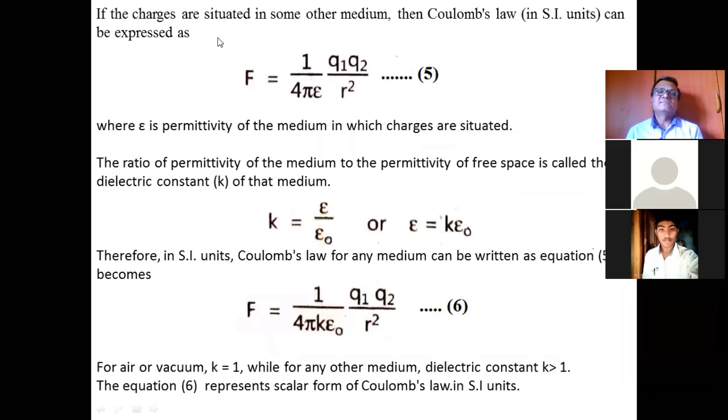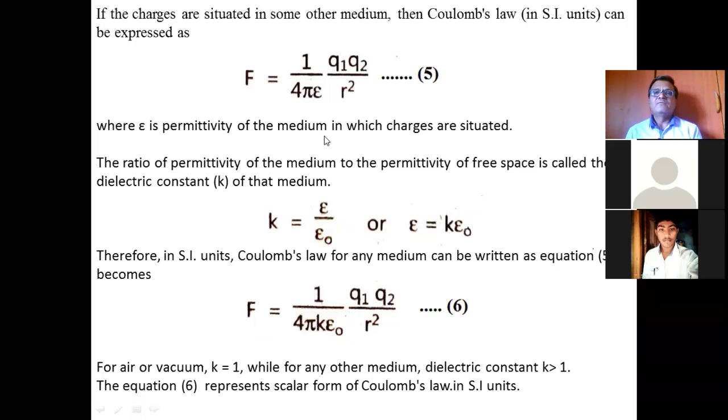In the other case, if the charges are situated in some medium, whereas previously we considered the charges situated in air or vacuum, then Coulomb's law can be written as F is equal to 1 upon 4 pi epsilon q1 q2 upon r square. Instead of epsilon 0, we use epsilon, where epsilon is the permittivity of the medium we are using.